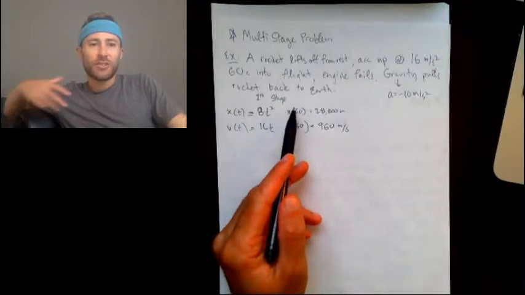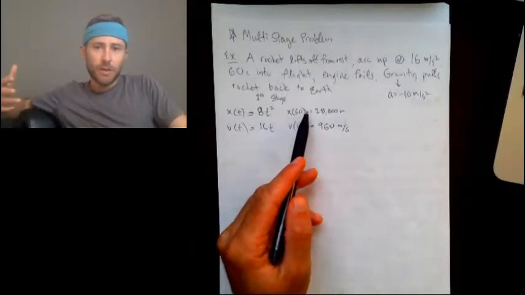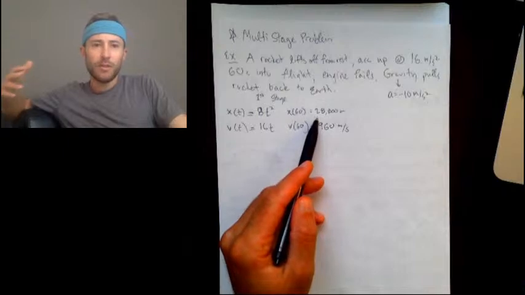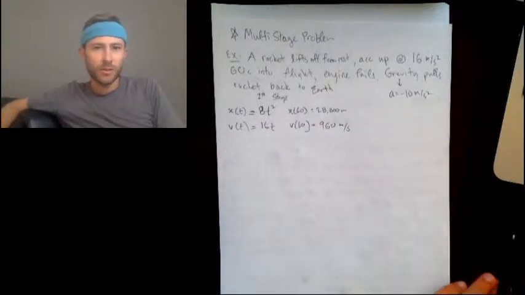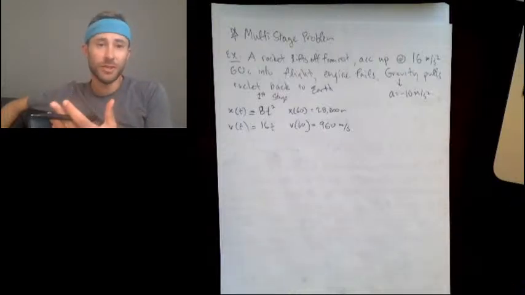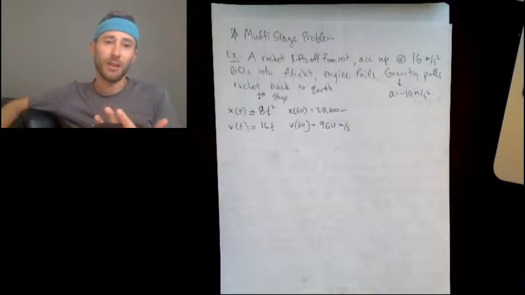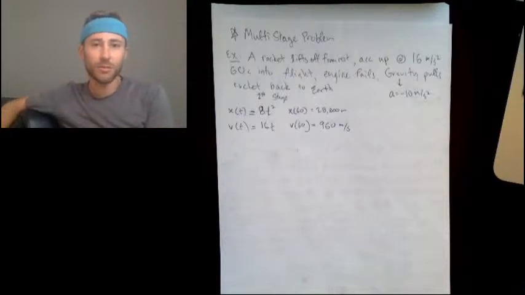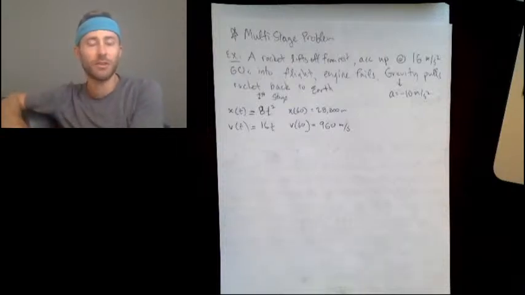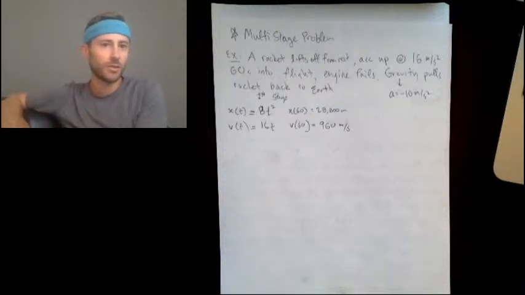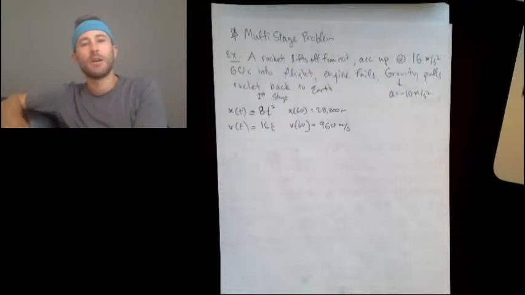The acceleration of a rocket is going to be in the range of 10 to 30 meters per second squared, because rockets can have humans in them, so they don't really accelerate much more than what a human can handle, or much more than what the payload can handle, what the structural integrity of the craft can handle. So you're kind of limited in how much acceleration you can have.